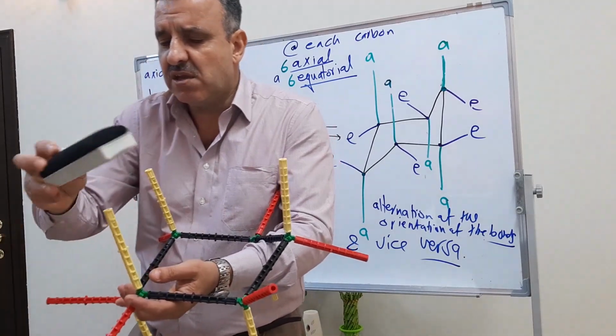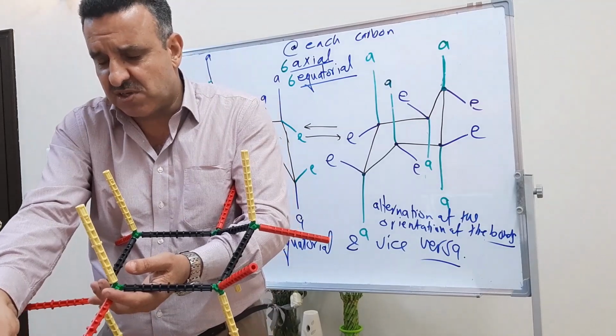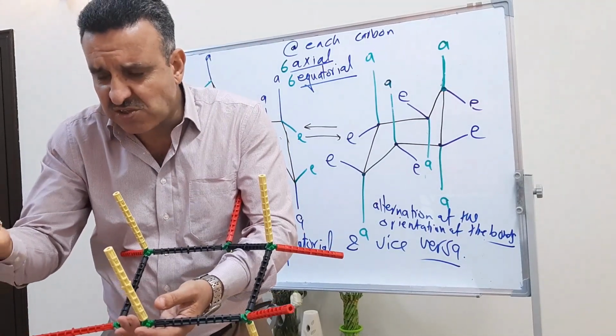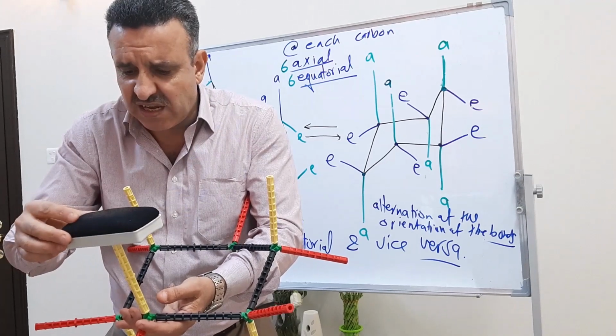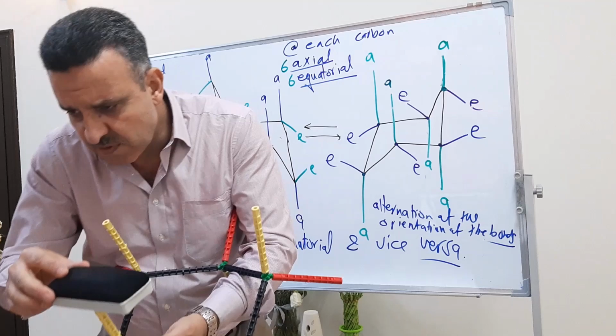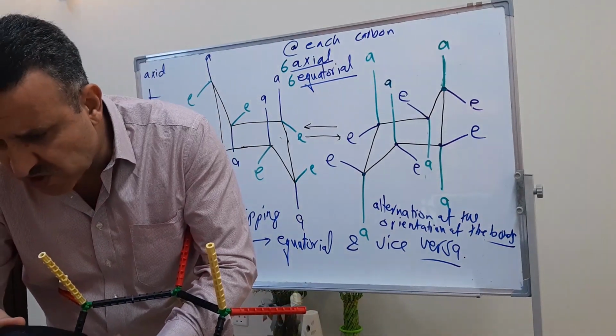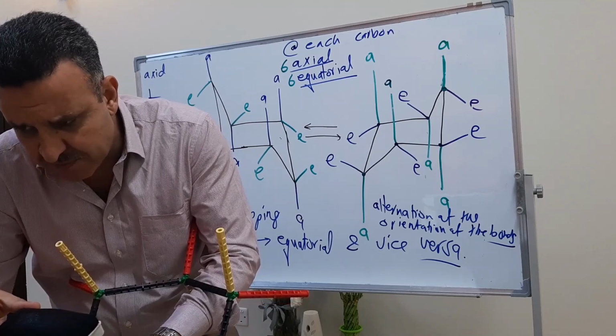Which do you think will be the more stable situation? The big size group occupying axial or equatorial, and why? Which situation will be preferred? Which will be more stable?